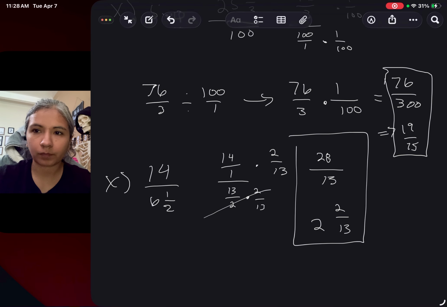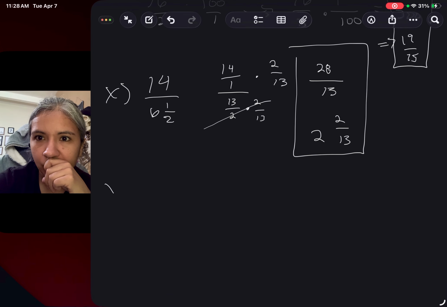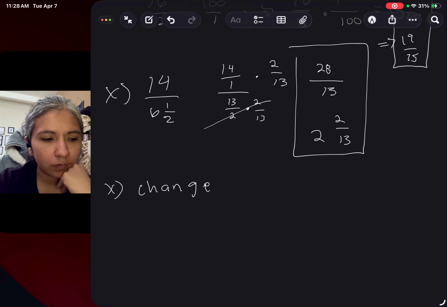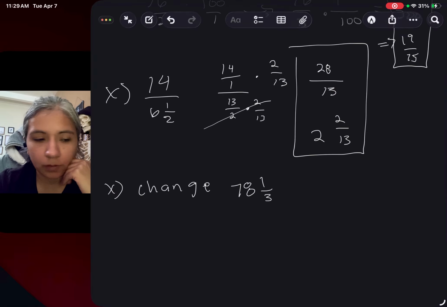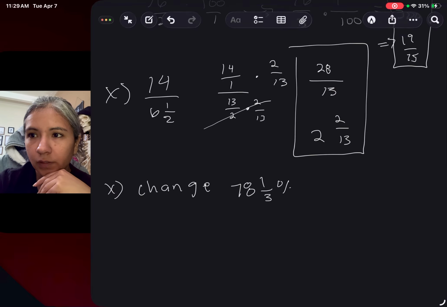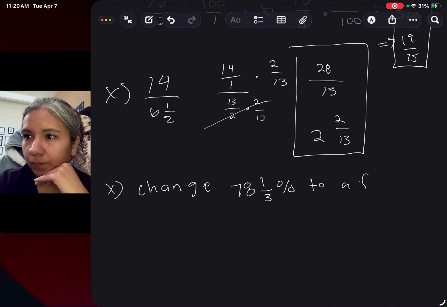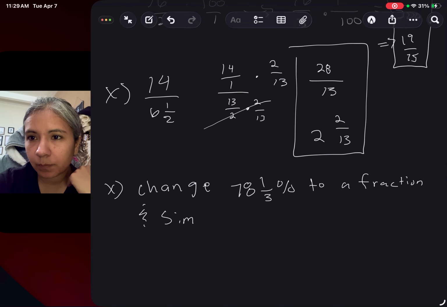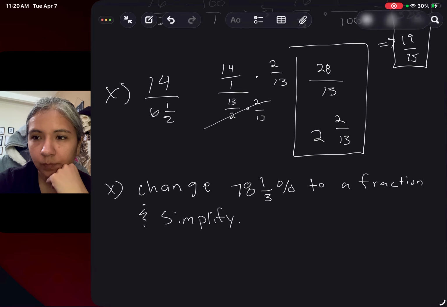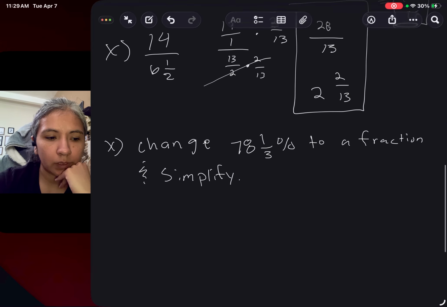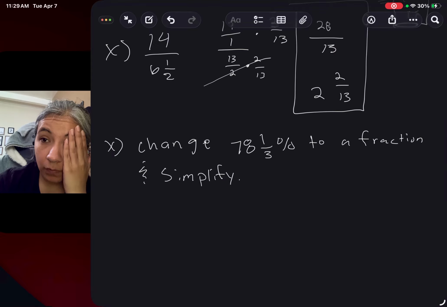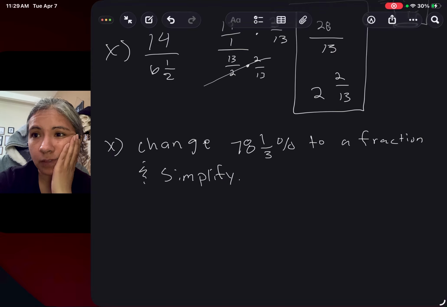Let's change 78 and 1/3% to a fraction and simplify. Okay, so a percent is a fraction that has a denominator of 100.